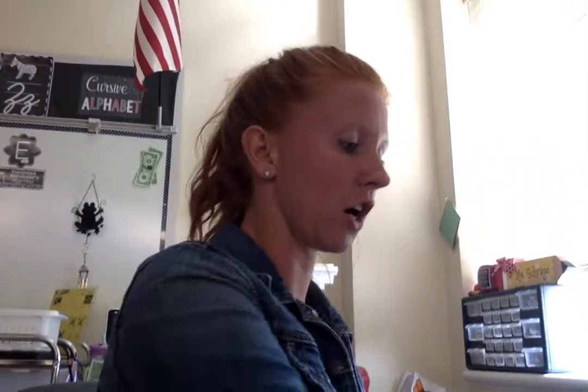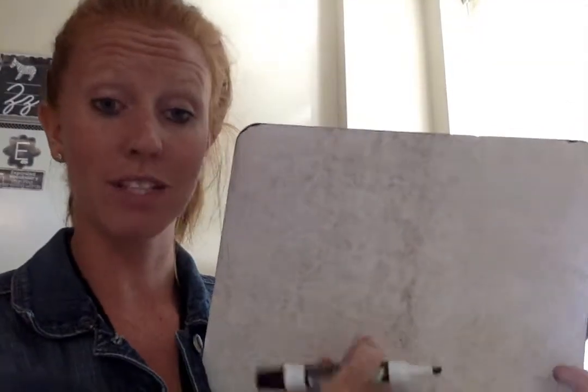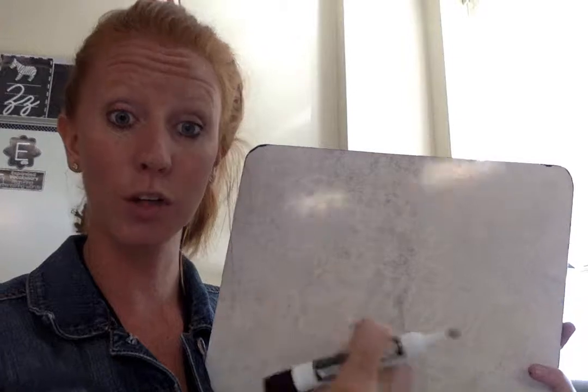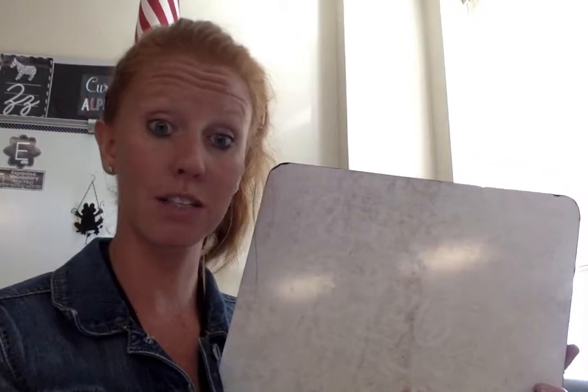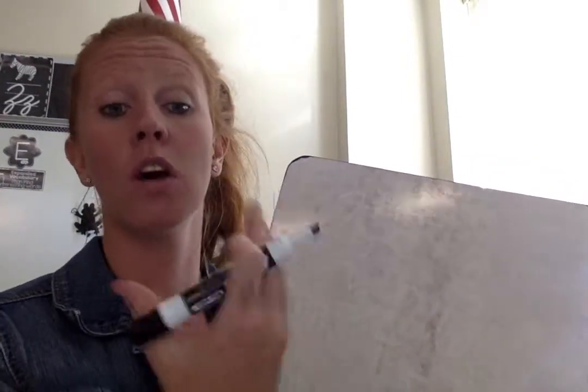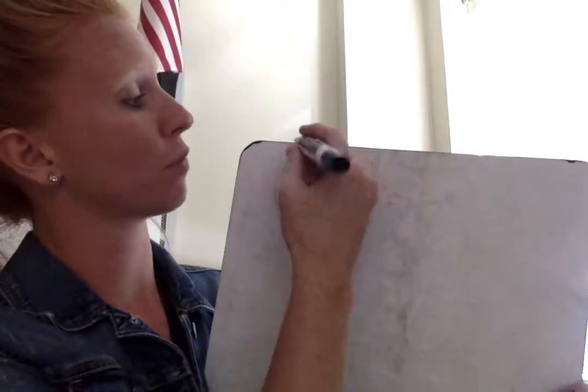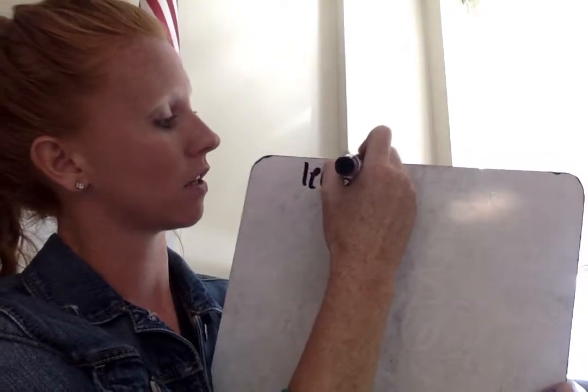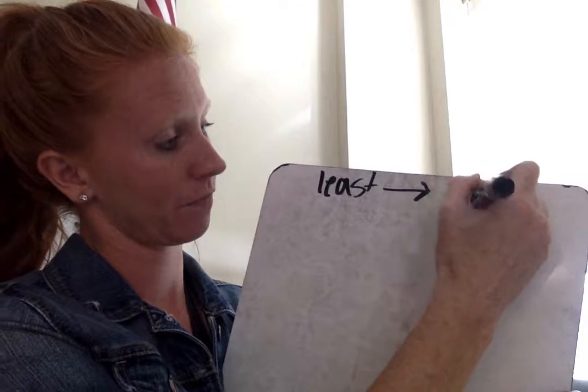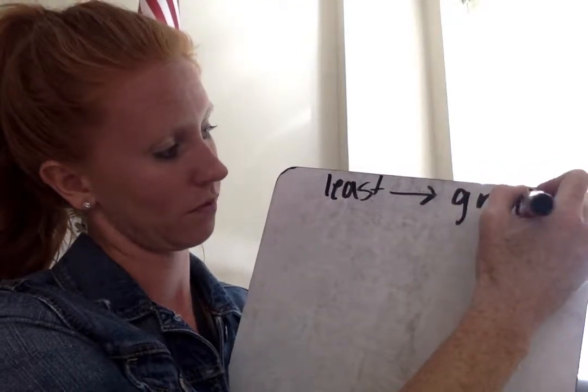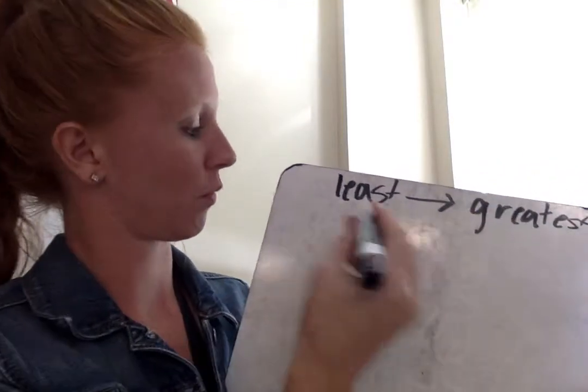All right, let's work on ordering. Okay? So ordering, you have to take what you know about comparing and then order them from least to greatest or greatest to least, depending on what the directions say. So first we're going to do least to greatest. We're going to start with some easier numbers.